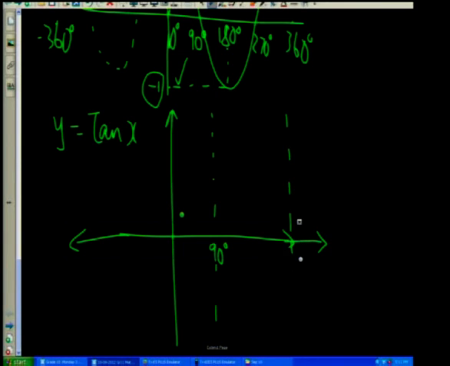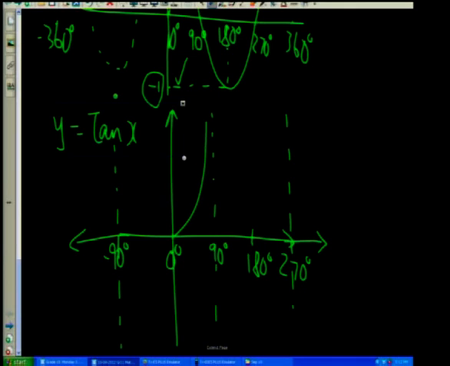Another odd multiple of 90, that is 3 times, is 270 degrees. So every odd multiple will have that asymptote. Minus 90 degrees, and so on. That's 180 there, and 0 degrees. So your graph is going to look like that.